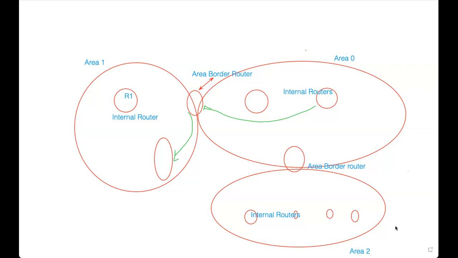Why do we need a backbone area, guys? Because we need a backbone area to avoid loops. So let's talk about the loop concept here.